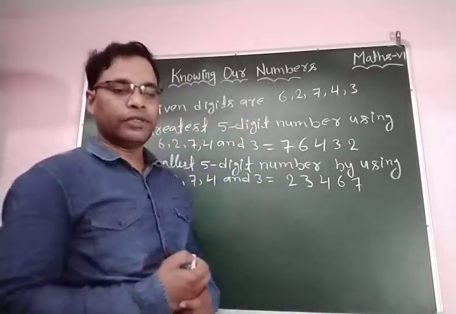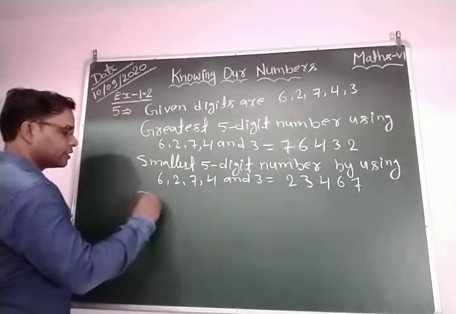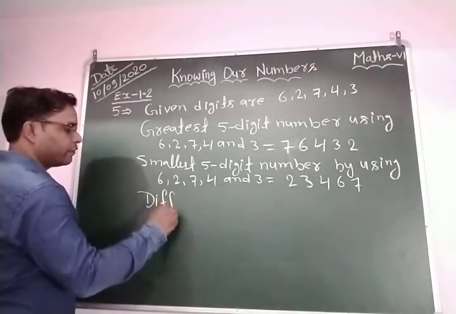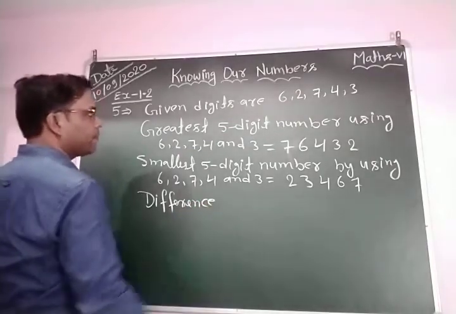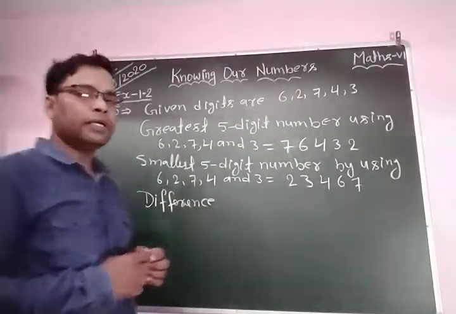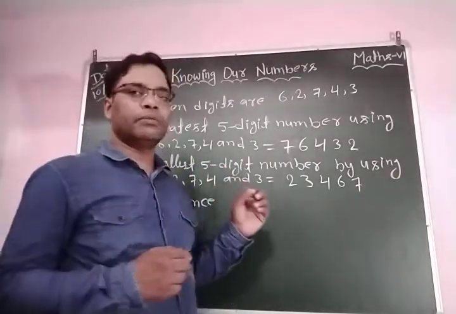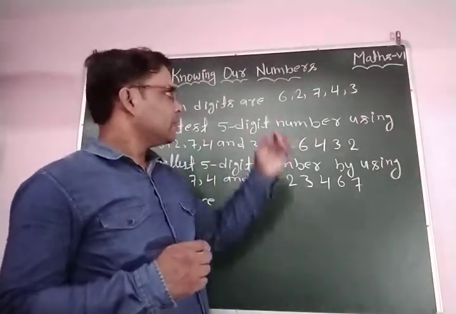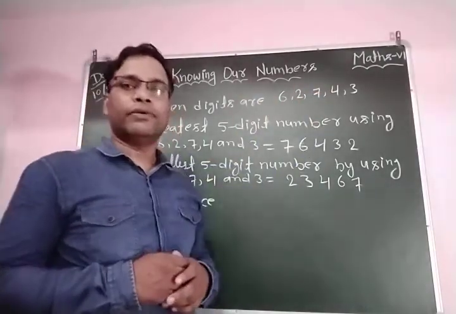So the difference is equal to the difference of the greatest 5-digit number and the smallest 5-digit number made using these digits 6, 2, 7, 4, 3.